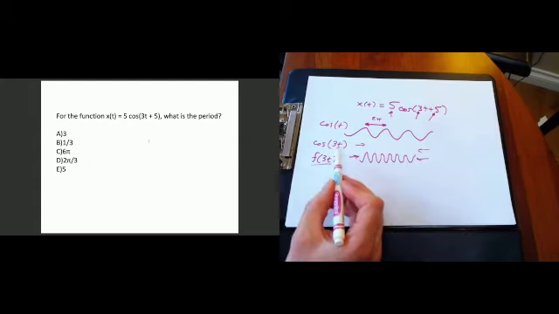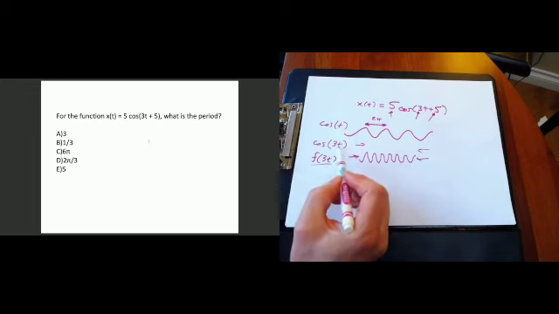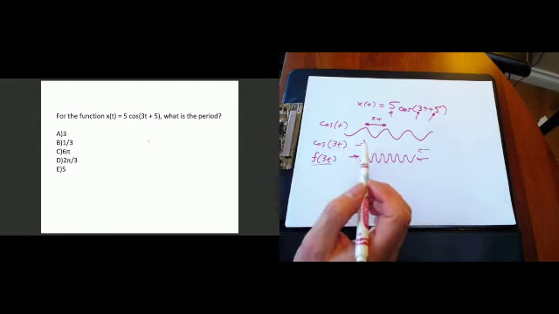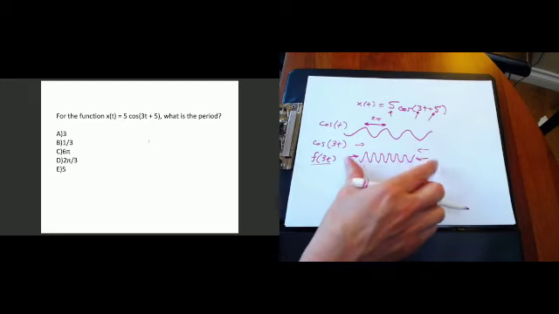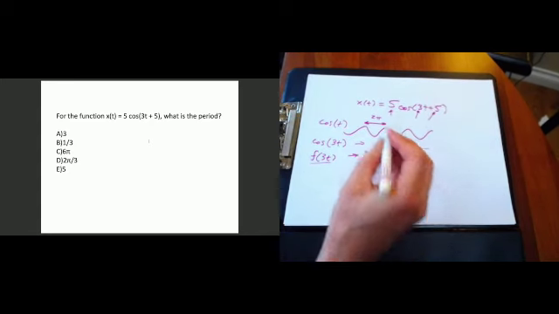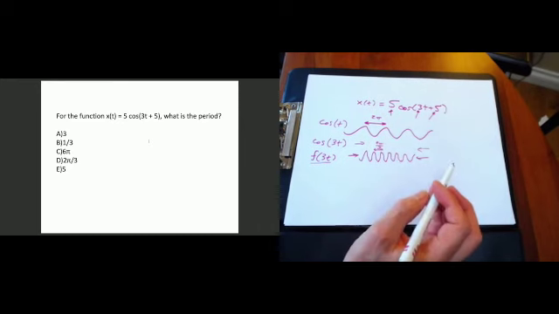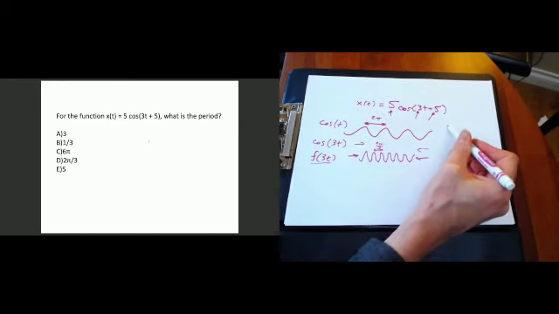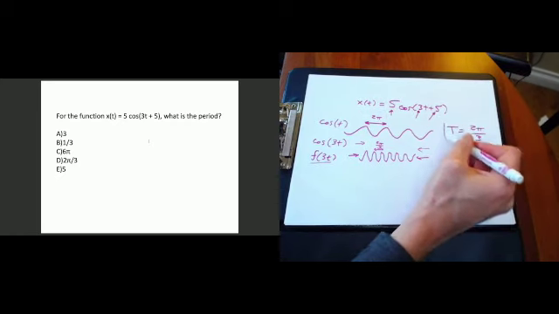The reason is that if you have some value of t, and here you plug in 1/3 of that value, then you'll get the same result as before. So that just means it's squishing everything along the x-axis. And so if the period was previously 2 pi, then now the period is going to be 2 pi over 3. That would be our answer in this case.